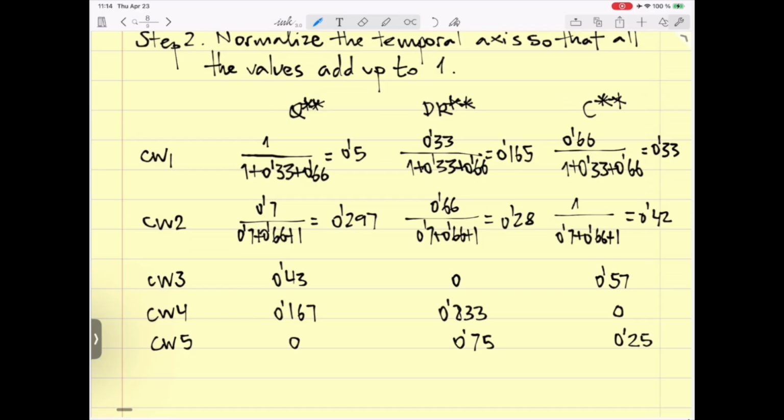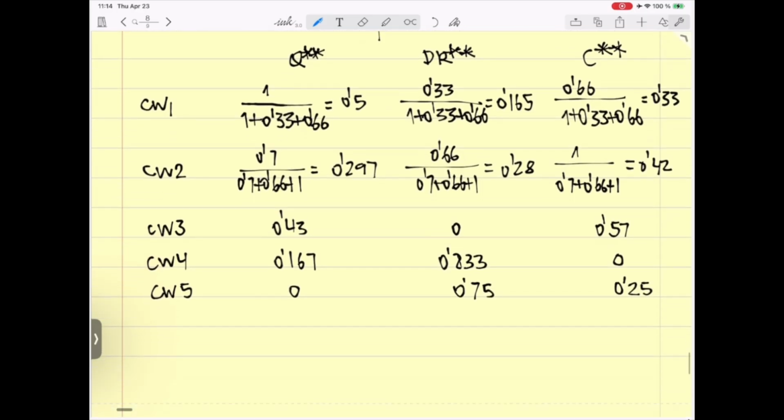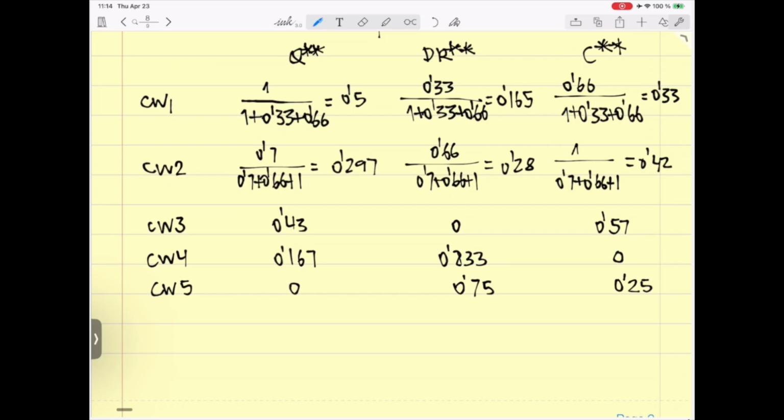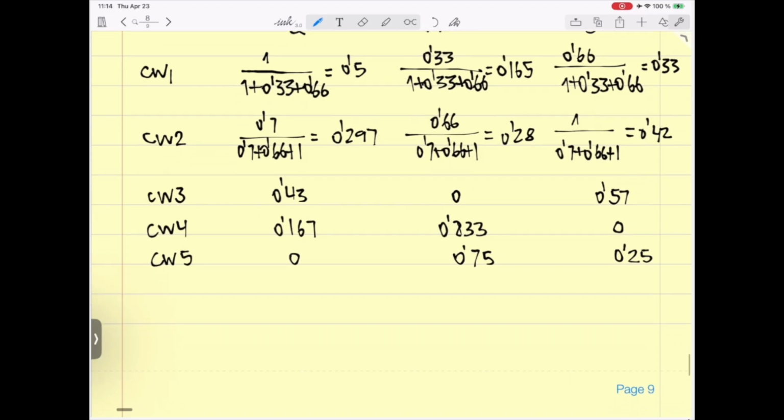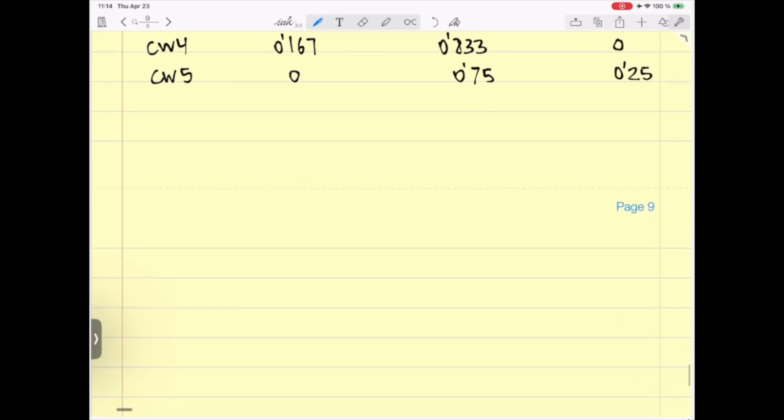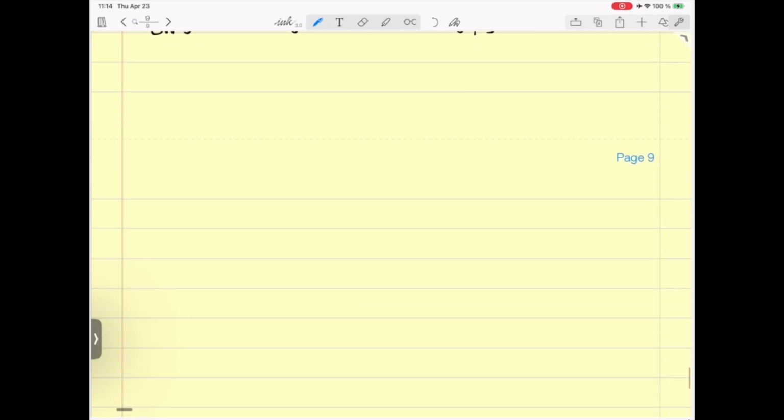Now we want to represent this data graphically. Okay, how do we do it? Well, we do the following. Let me copy the data again in small. Quality star, delivery rate.